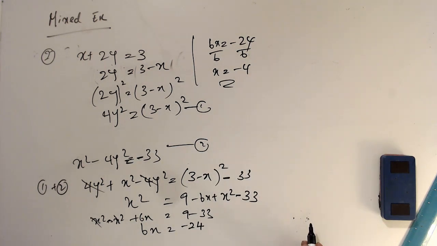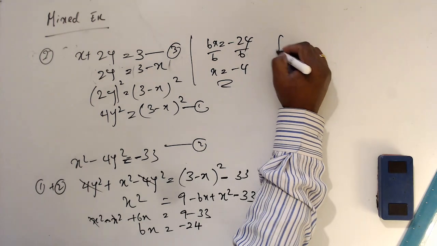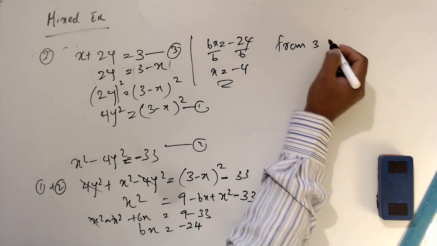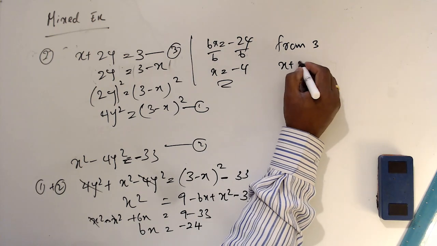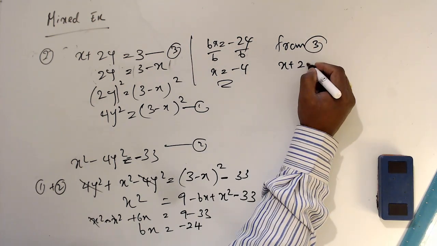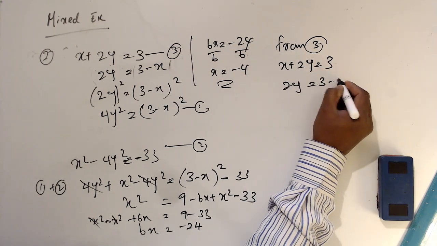Now we want to find the y value. From equation 3, x plus 2y equals 3, so 2y equals 3 minus x.